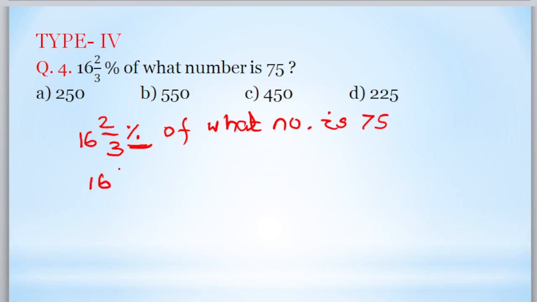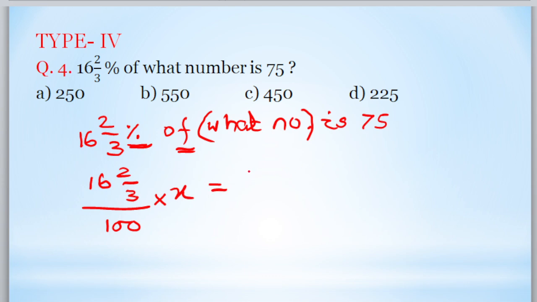So it is 16 whole 2 by 3 divided by 100. Here of means multiplication. Now it is written as what number. In place of what number, here we can write x, and is means equal to, that is 75.